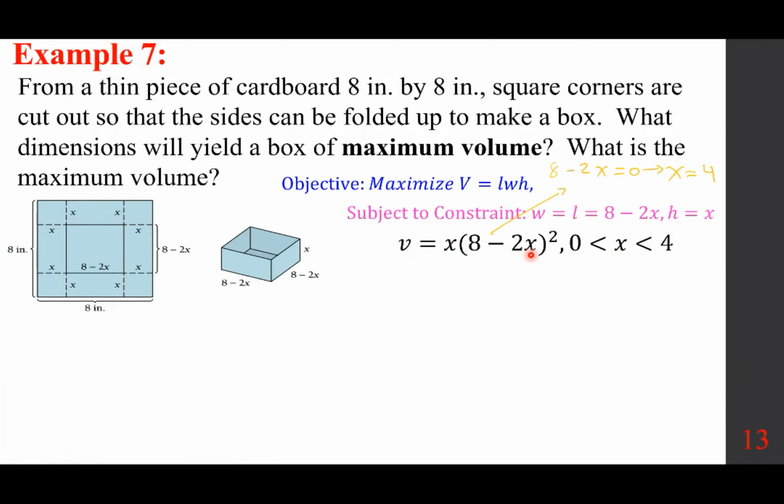So if you choose x to be larger than 4, or even 4, at 4, the volume becomes 0. If it's more than that, it becomes negative. In essence, you can't cut this in half. It doesn't create a volume for us. All right, so that creates this open interval of 0 to 4.